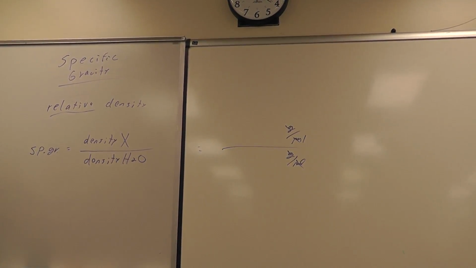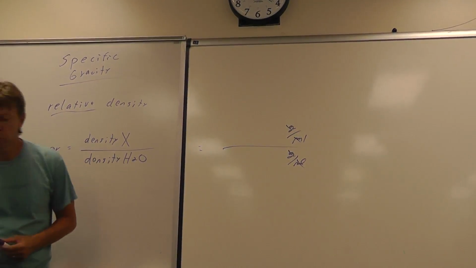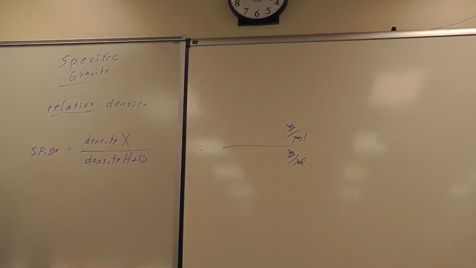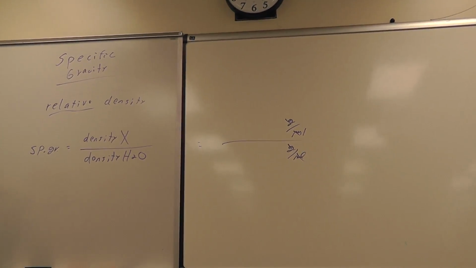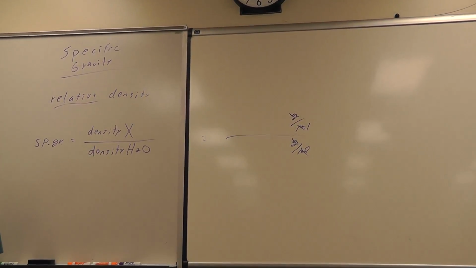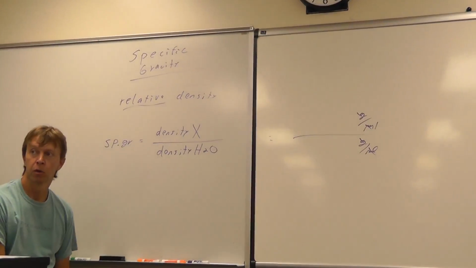If you look at the little chart here, you've got 3 columns. The first column tells you the density of water. If you're measuring the density of water in units of grams per milliliter, then the value is 1.00.